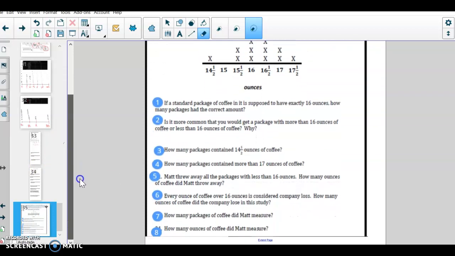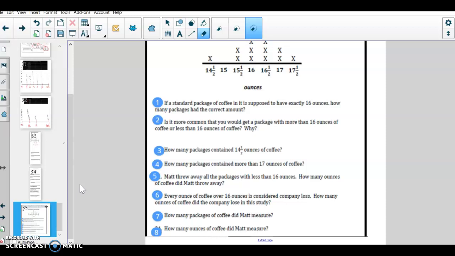Okay, let's take a look at question number 5. Now this is tricky. Matt threw away all the packages with less than 16 ounces.